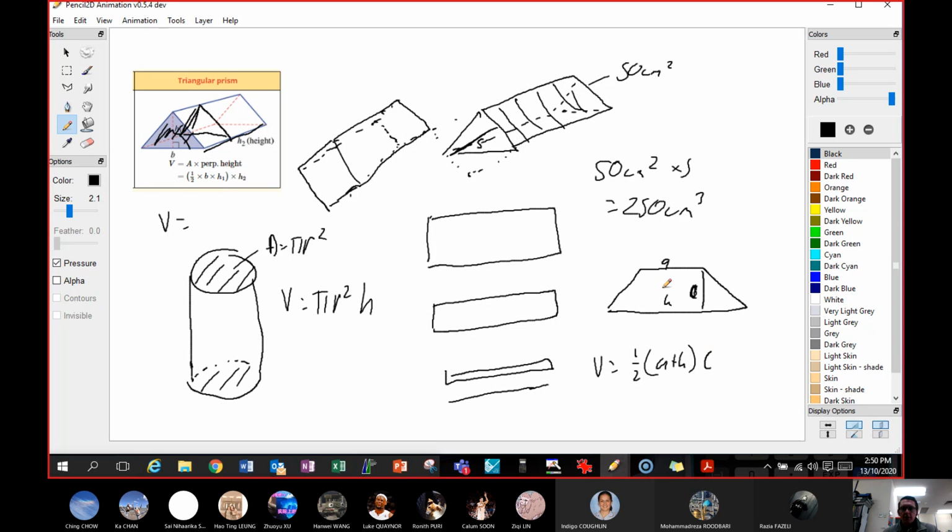Actually, let's call it h. And then you'd multiply all of that by the length of this thing. Now that is only consistent if this shape and its cross-section is the same all the way through, which you hope it would be.